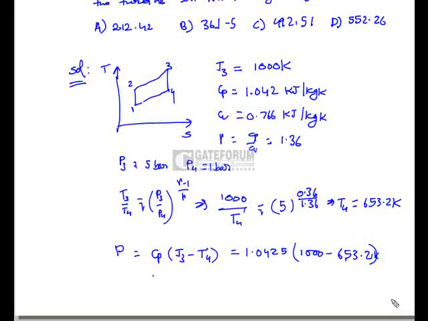So the final answer is the power, 361.5 kilojoule per kg per second or 361.5 kilowatt per kg. So the second question's answer is 361.5 kilowatt per kg and option B is the correct answer.